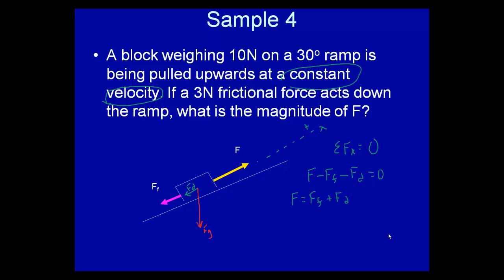I get F is equal to the force of friction plus the force down the plane. So 3 newtons, that's my force of friction that was given to you. The force down the plane is the weight of the box times the sine of 30 degrees. So 3 newtons plus 5 newtons equals 8 newtons.